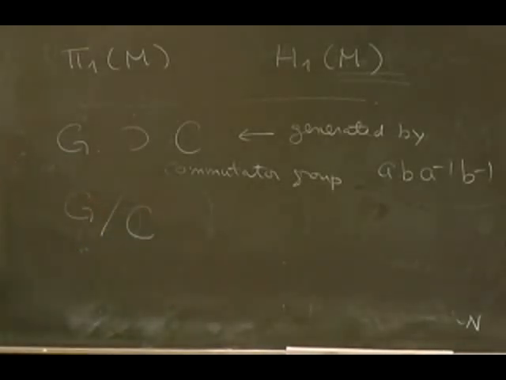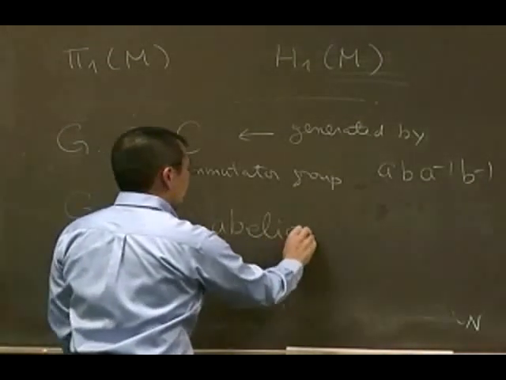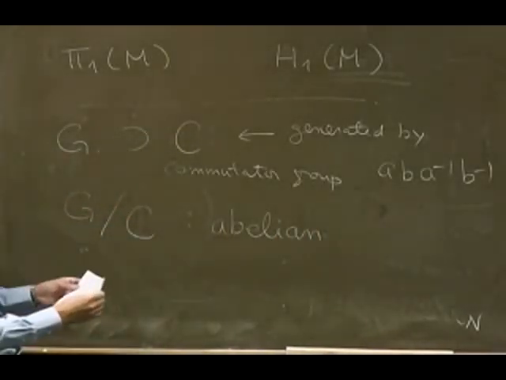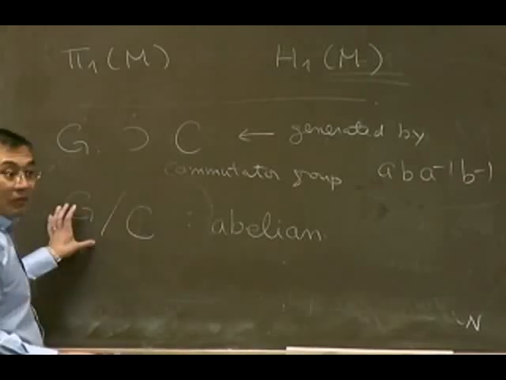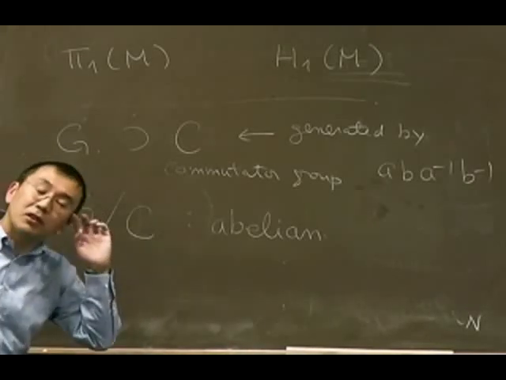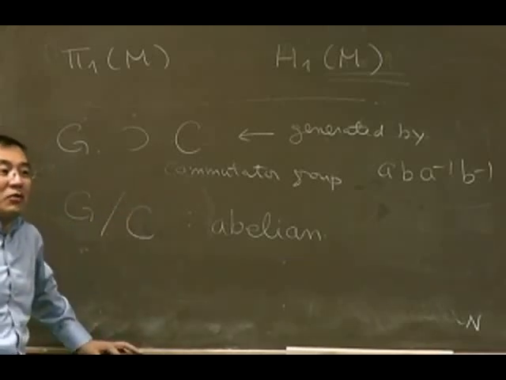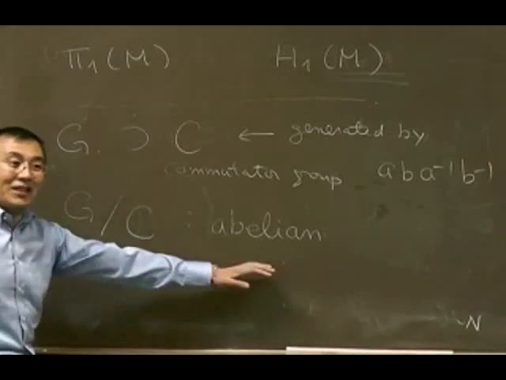divide G by C to define another group, and you can show that this is always abelian. So if you divide G by the commutator subgroup, then it becomes abelian. In fact, you can prove that C is the smallest normal subgroup, or invariant subgroup, such that the quotient is abelian.